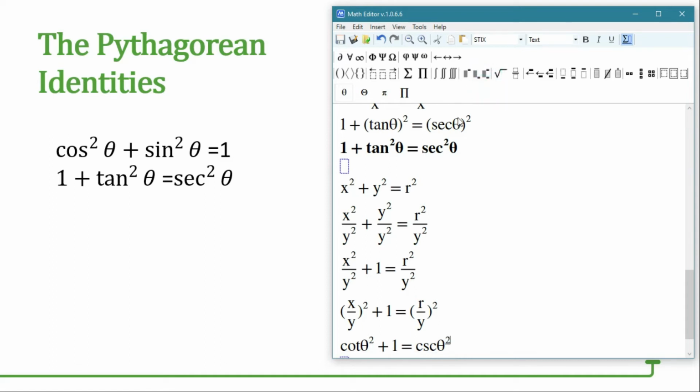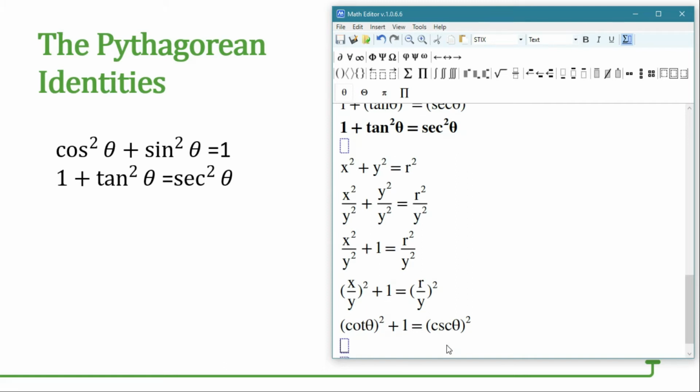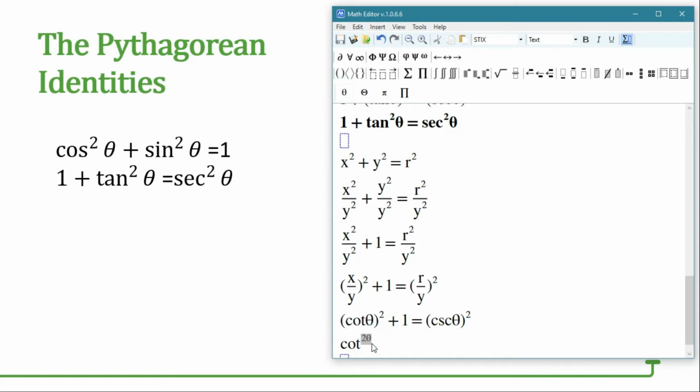And then representing these terms or notations as cotangent squared theta plus 1 equals cosecant squared theta.